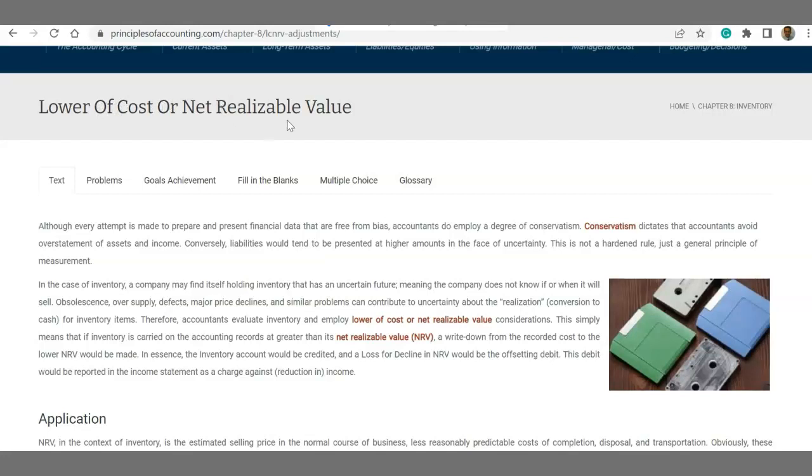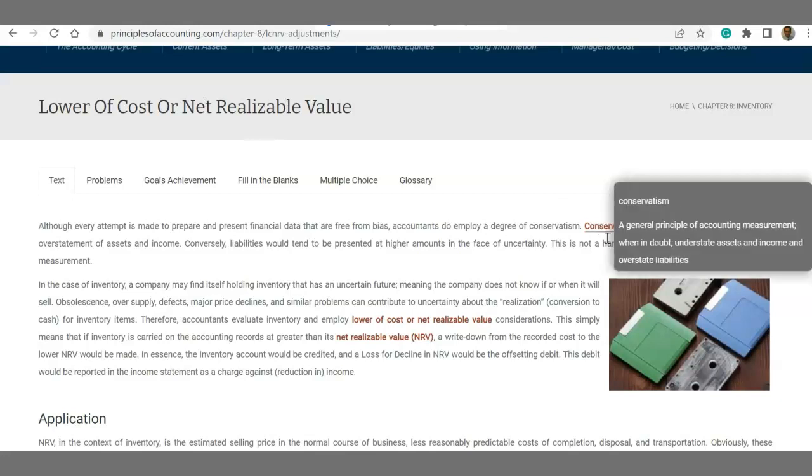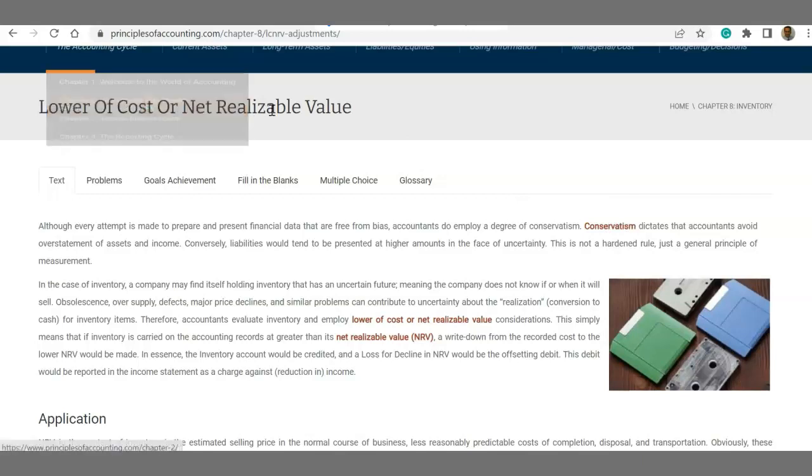But if the market value has been declined and is cheaper now for the inventory you have, so automatically you have to use the conservatism. It's a principle in accounting that you have to follow and show the worst case scenario and show the asset based on the market value of the current situation.